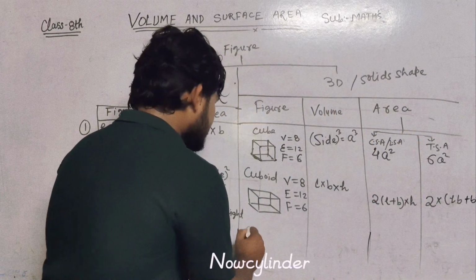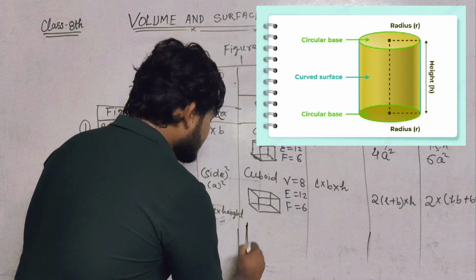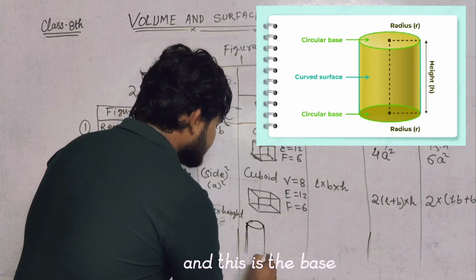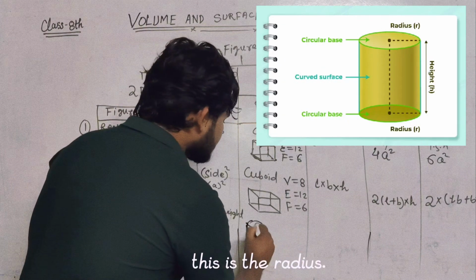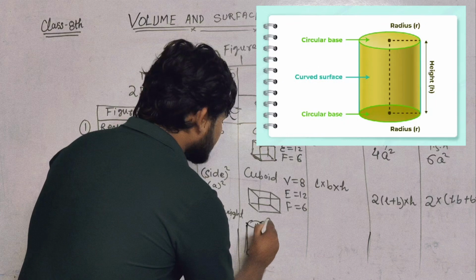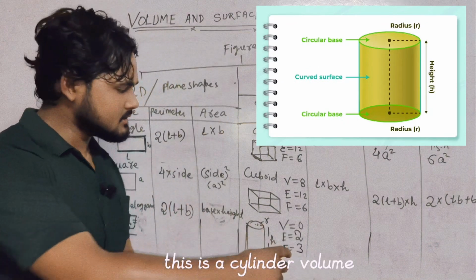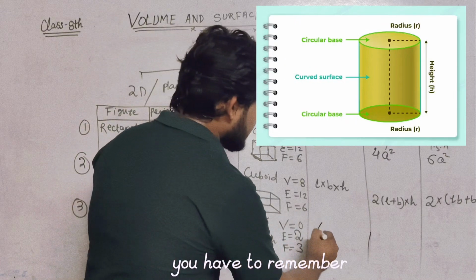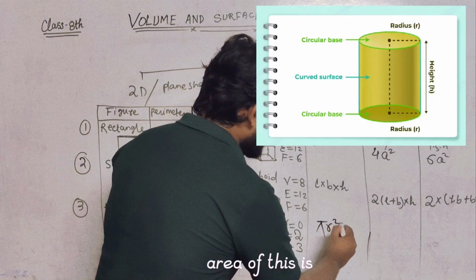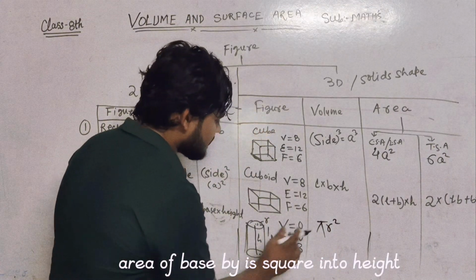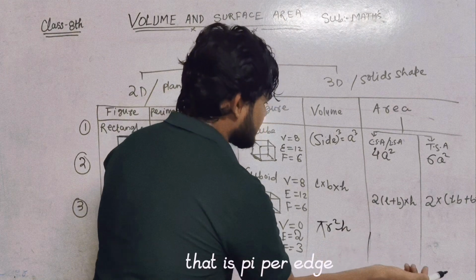Similarly, now cylinder. This is a cylinder and this is the base. This is the radius, and this is the height of the cylinder. Volume, you have to remember, is area of base, pi r square, into height, that is pi r square h.